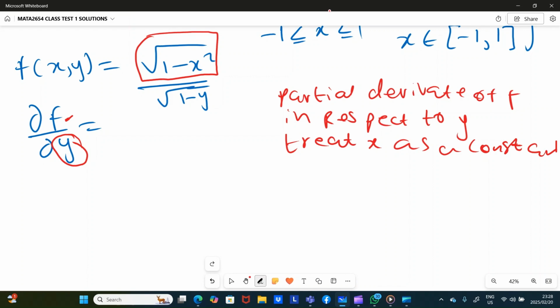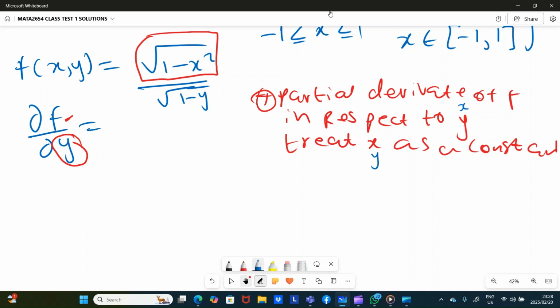However, just to add on to the information, maybe some of you already know about partial derivatives, but if you have the partial derivative of f with respect to x instead, then you are going to treat y as a constant.